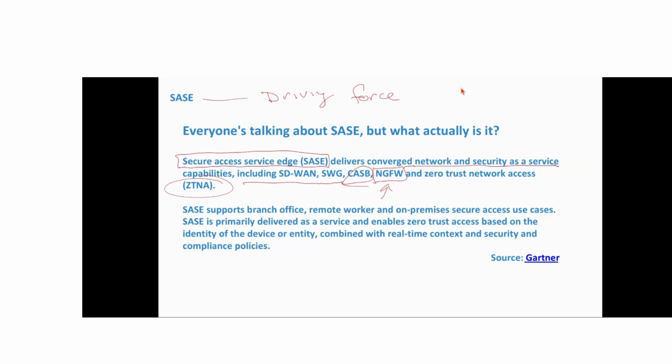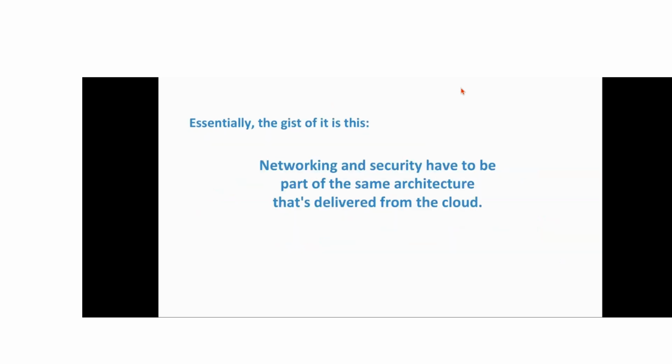Now, SASE supports branch office, remote worker, and on-premise secure access use cases. It's delivered as a service and enables zero trust access based on the identity of the device or entity, combined with real-time context and security and compliance policies. SASE is the term of the year, I'm going to say, even though we were doing it last year.